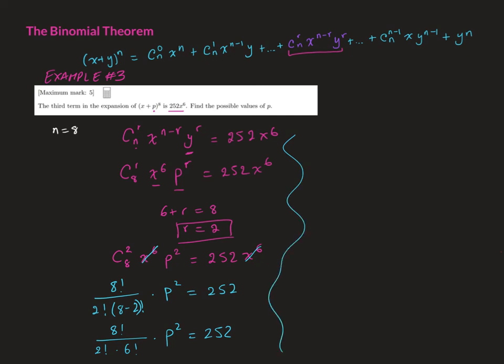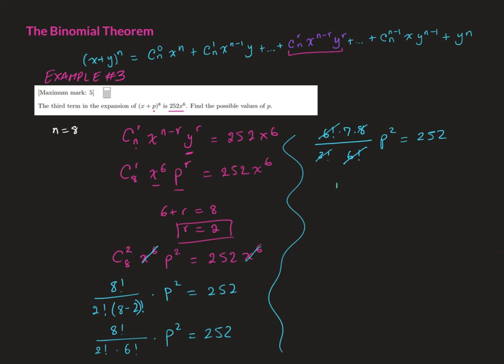Now I could write 8 factorial as 6 factorial times 7 times 8 to help me in the calculation and to make sure nothing is too long to write. And I can cancel the 6 factorial in the numerator with the one in the denominator, and then I can simplify 8 with 2 from the factorial in the denominator.